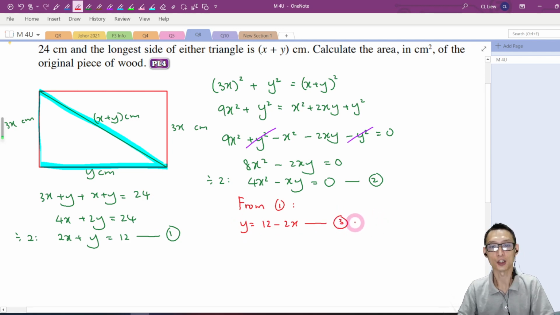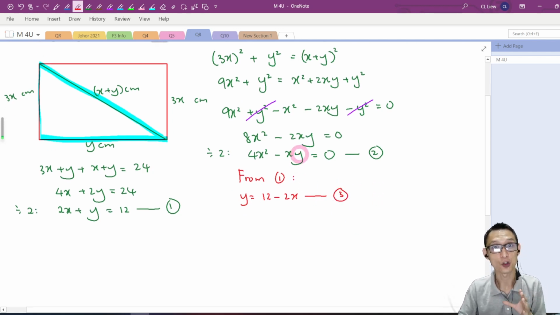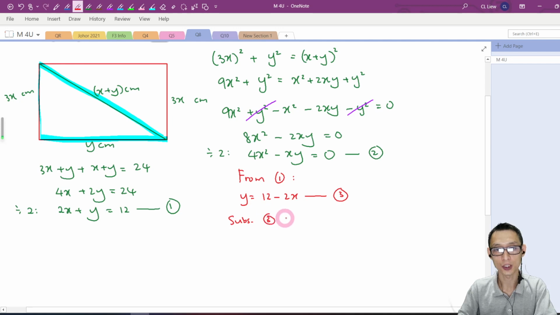Okay, let this be the third equation. So I'm going to replace the y here by 12 minus 2x. Substitute the third equation into the second equation. So 4x² minus x(12 minus 2x) is equal to 0.